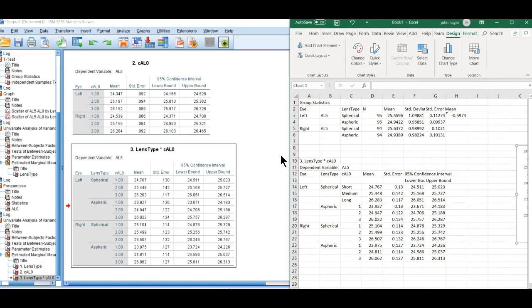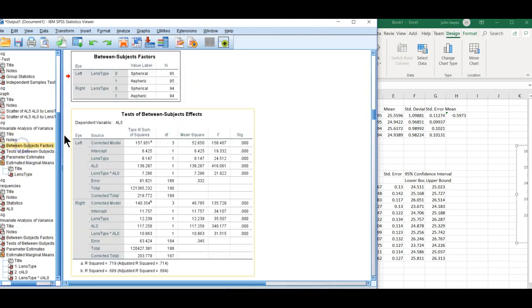All right, now one thing about analysis of covariance, and let's go back up to our original one. Well, we can't really use this one because we have the significant interaction effect. If our lines were parallel, we would use the standard error here, or the mean square error here, as our source of calculating confidence intervals and effect sizes.